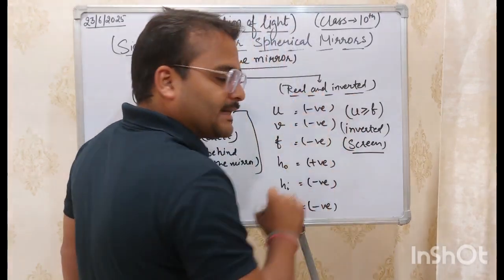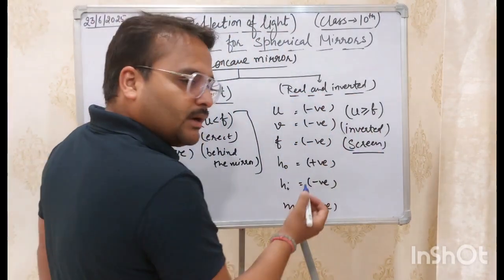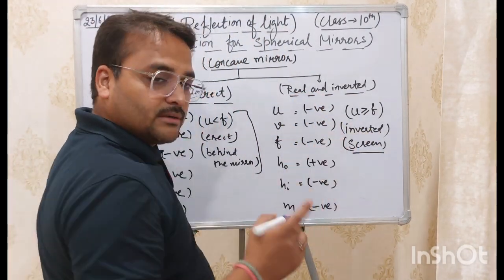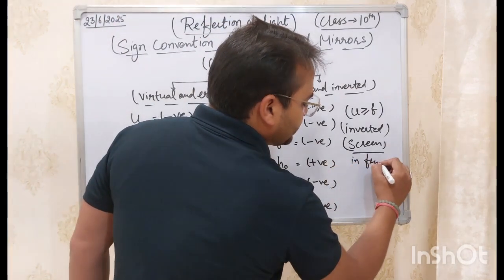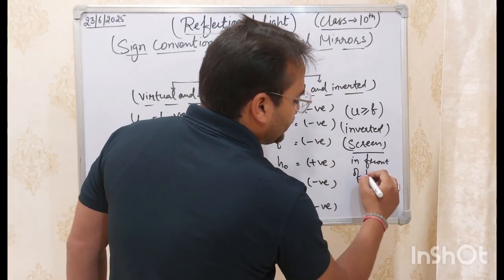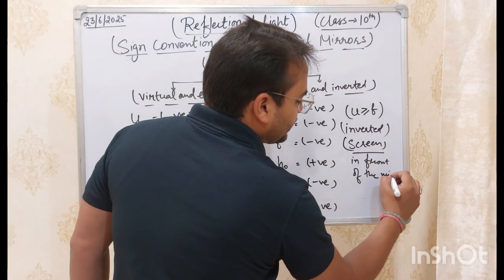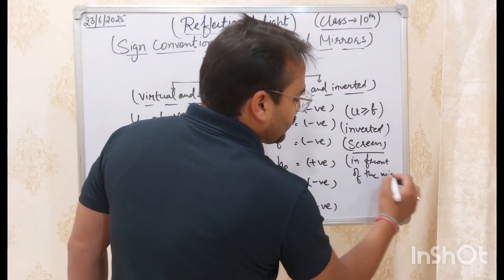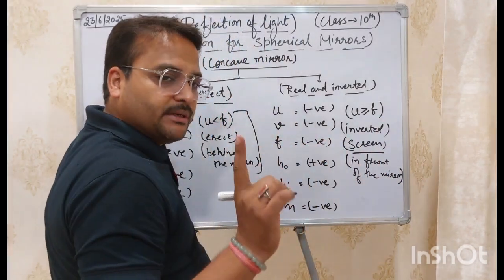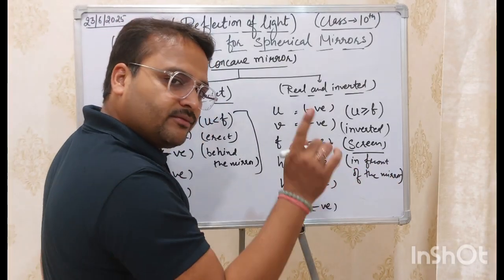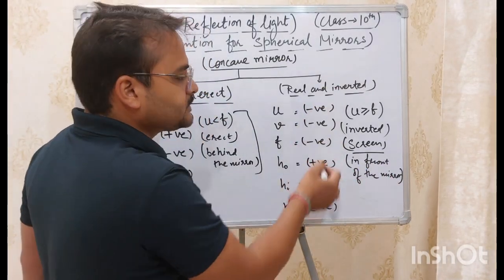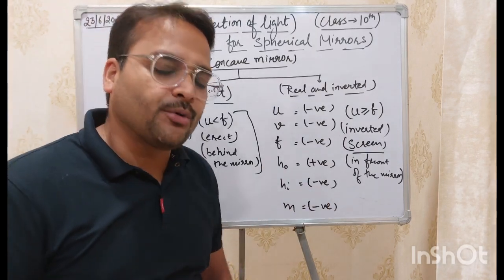So U greater than or equal to F, inverted, and the word screen. Or if the statement says the image is formed in front of the mirror, then also a real and inverted image is going to be formed.